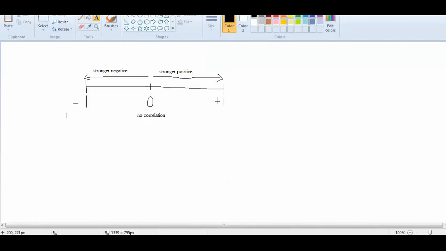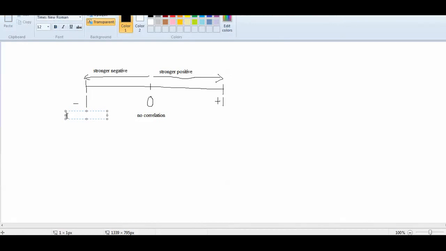If it comes out to -1, it means that the data set is showing a perfect negative correlation. And if it comes out to +1, it means that the data is showing a perfect positive correlation.